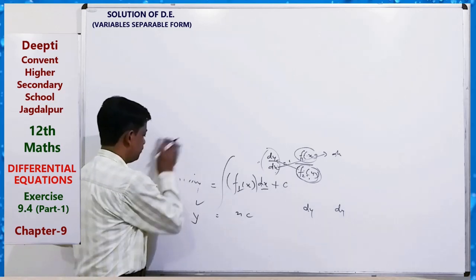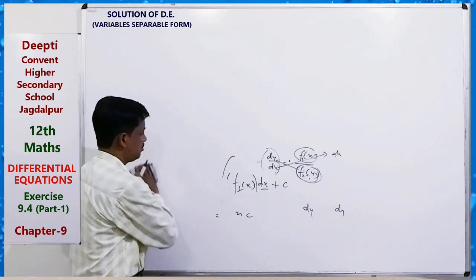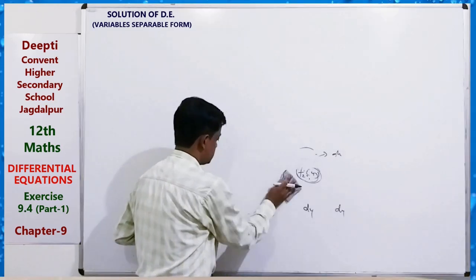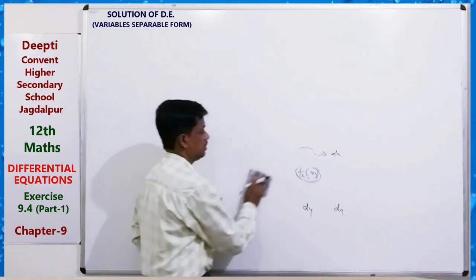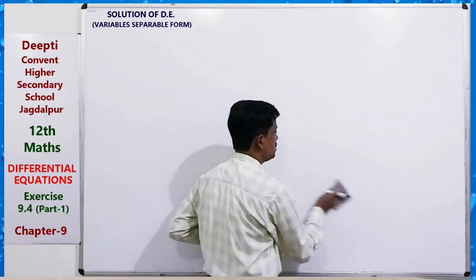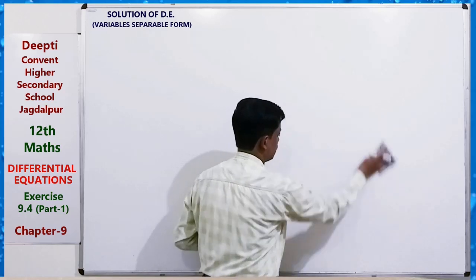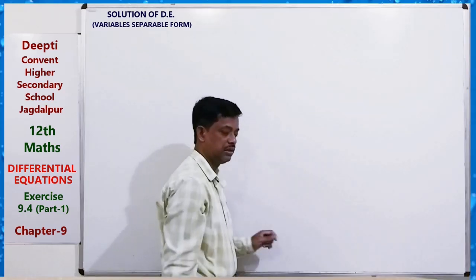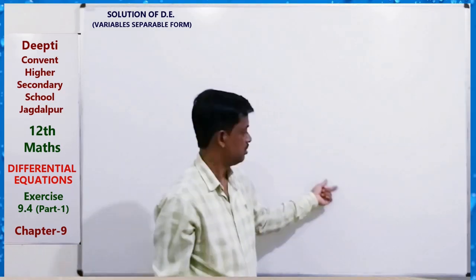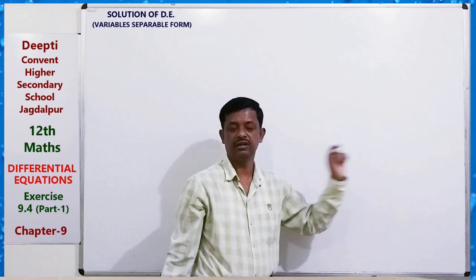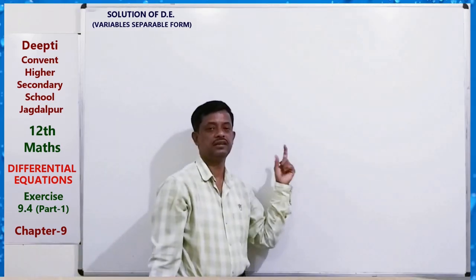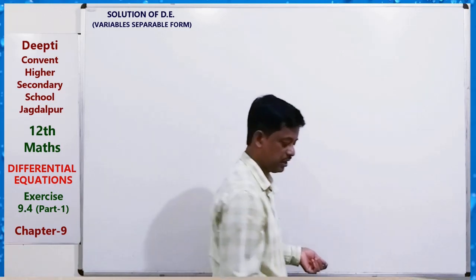Separable form means we have to find dy by dx in such a way that the function of x and the function of y are fully separated. Then the function related to x is kept with dx and the function of y with dy, we integrate both sides and add a constant.